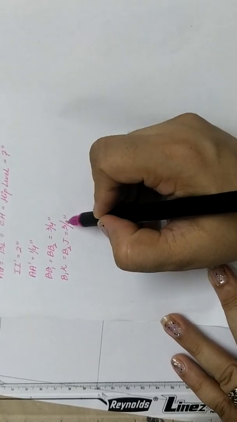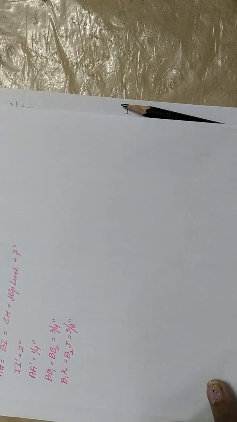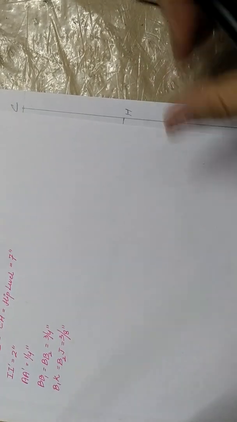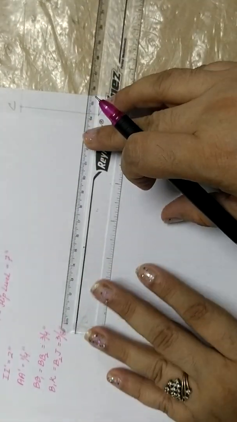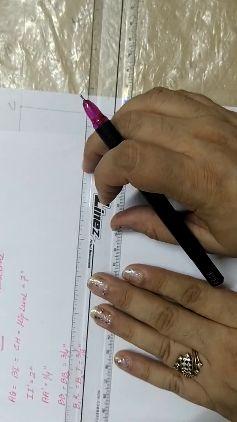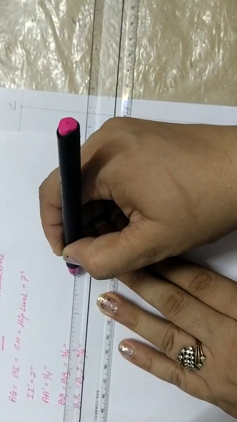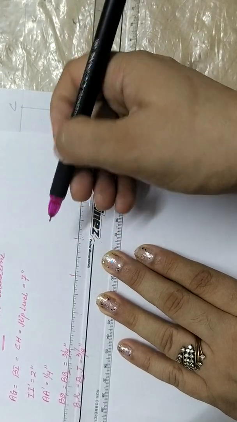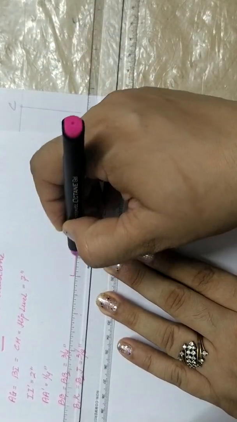See, the difference is between 3/4 and 3/8. Let me show you on the scale also how to do the marking. I'll mark it in front of you here in the inches portion, because you will have to do it on a full scale also. So let's just check that.